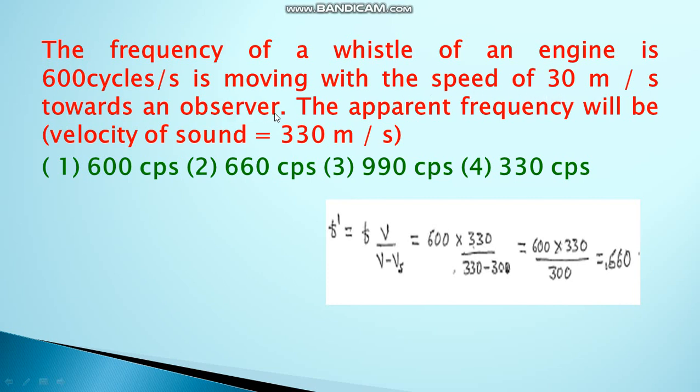Towards an observer, apparent frequency definitely increases, so maybe our answer is 2 or 3. 600 into 330 divided by 330 minus 30. Solving this, you will get answer 660. So our answer is 2.